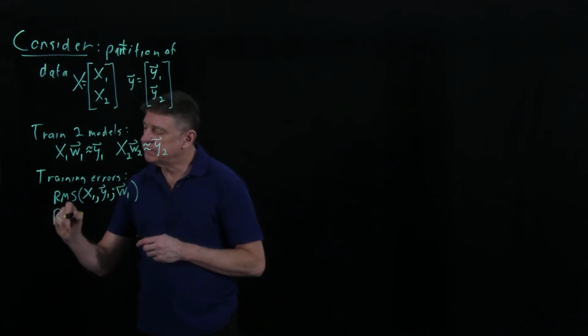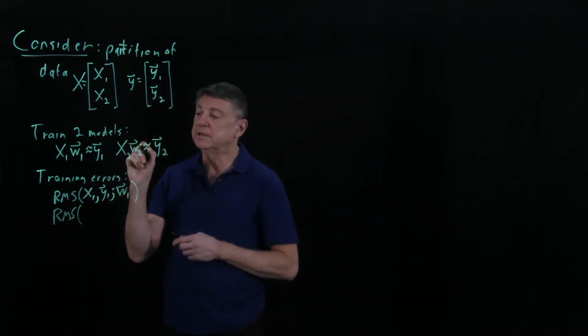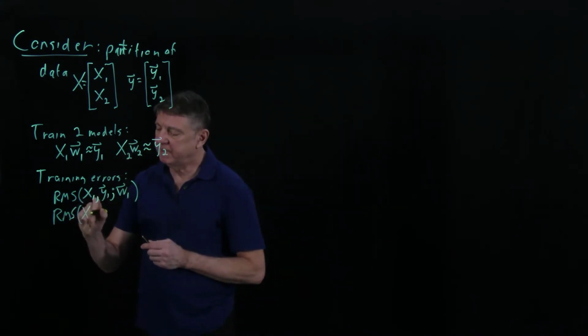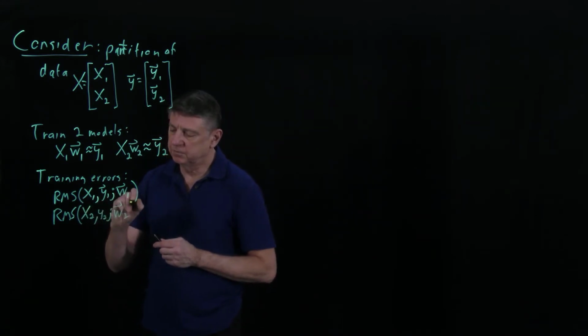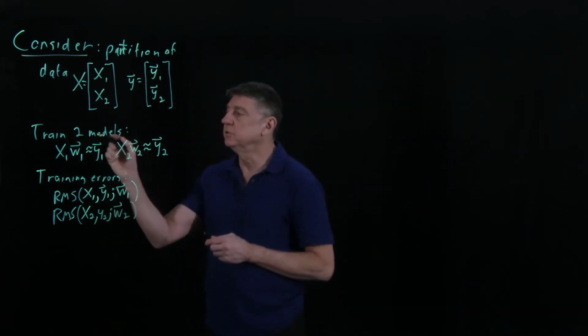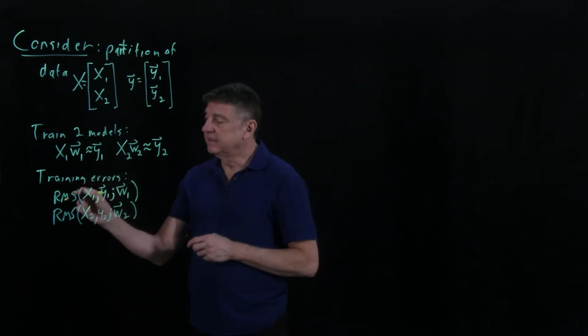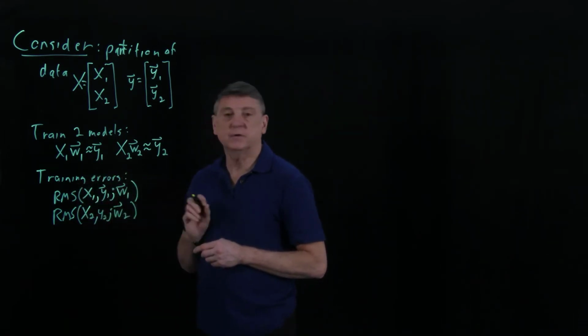And likewise, we have another training error, which is how good did W2 perform in training on its data. So we will have X2, Y2, semicolon, W2. So we're able to train the model twice, and we can get a validation twice of its training errors.